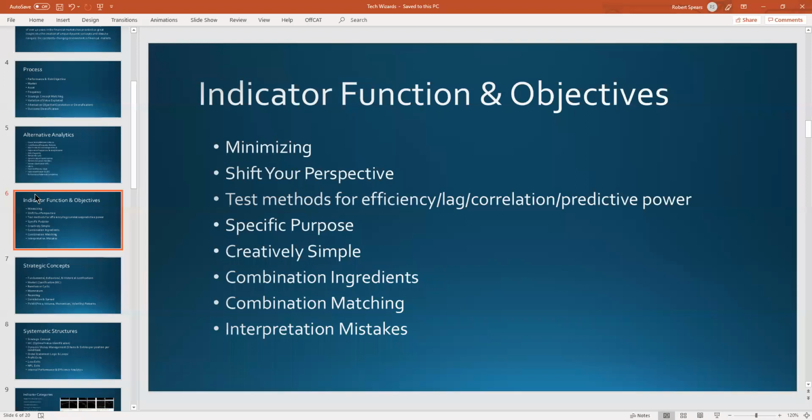It's not giving you a real clear picture, even if they're applied across multiple frequencies. And so interpretation mistakes. This is a big one for discretionary traders. You want to have a clear, precise way to identify when a signal occurs, right? To eliminate subjectivity.